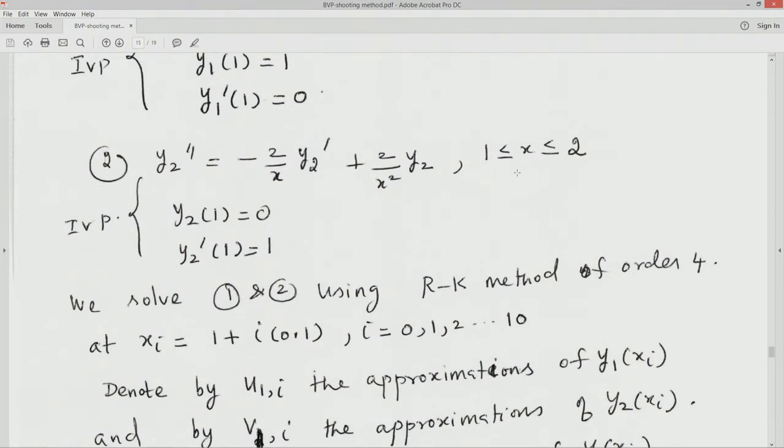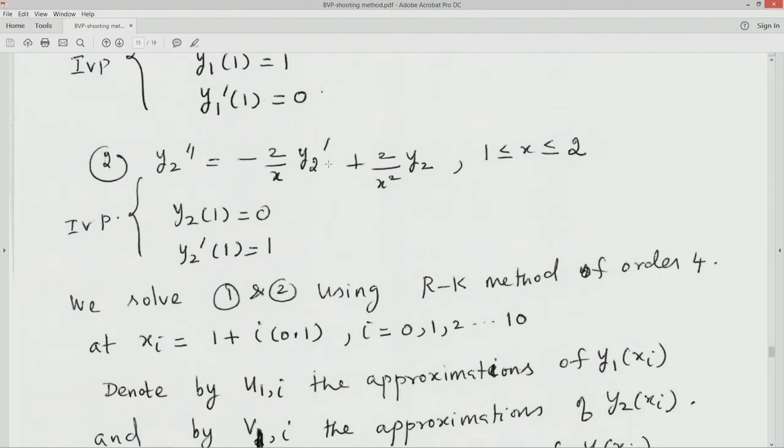What about the initial conditions here? We have already seen that the solution y2 for this initial value problem must satisfy the initial condition that y2 at the initial point 1 must be 0, and y2 dashed at 1 can be arbitrarily prescribed, but it should be a non-zero value.